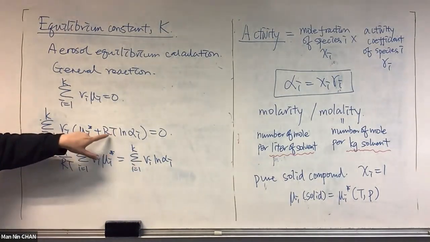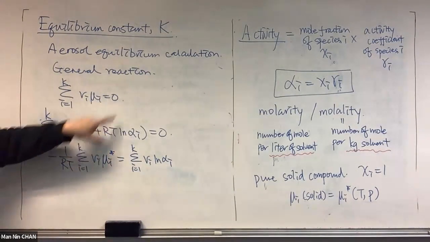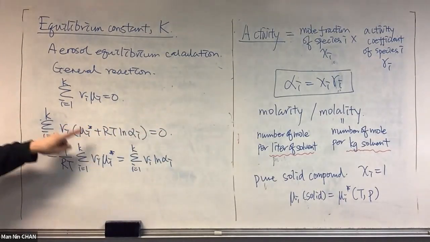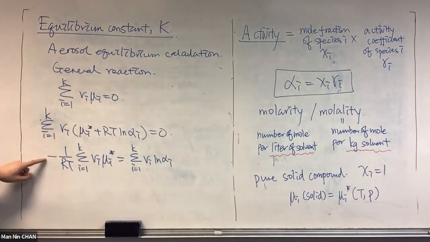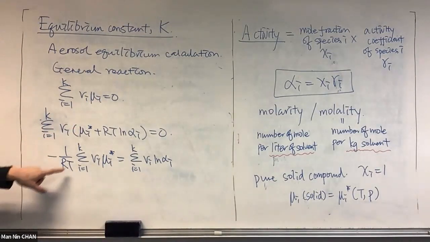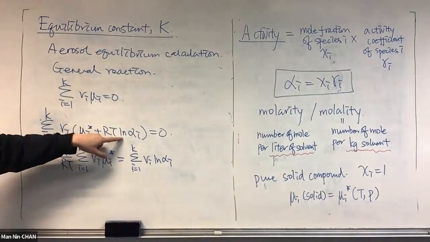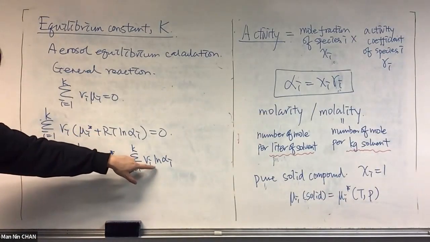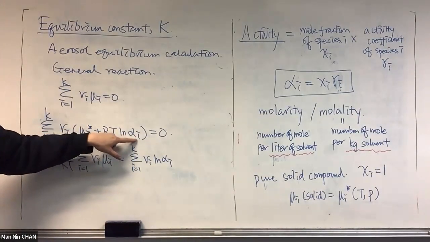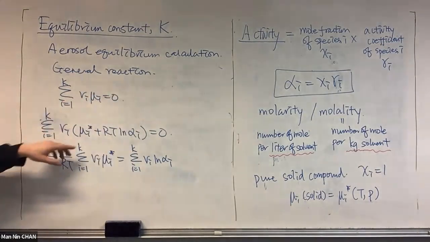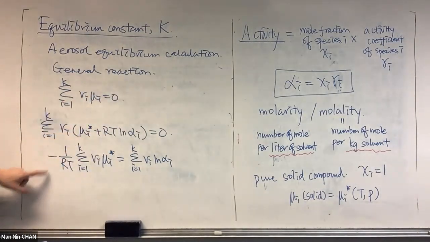I put this term to this side, and then the RT I just bring to the other side. So that's why it's minus 1 over RT times this term will be equal to the summation of the stoichiometric coefficient times the natural log of the activity. I just move the 1 over RT to the other side.